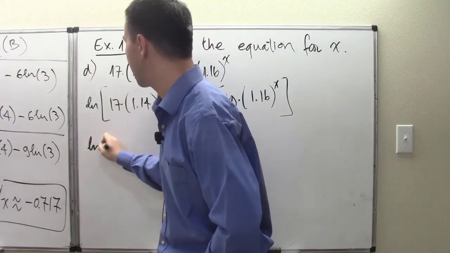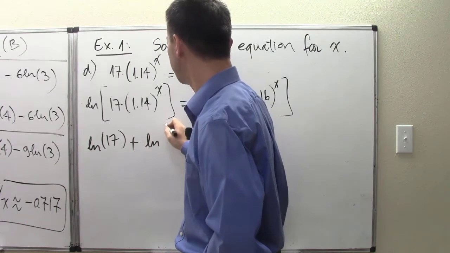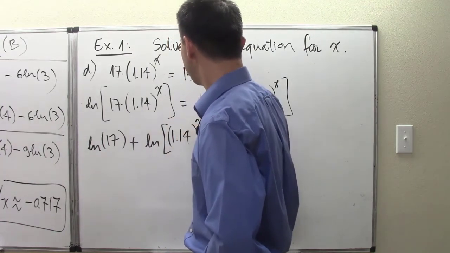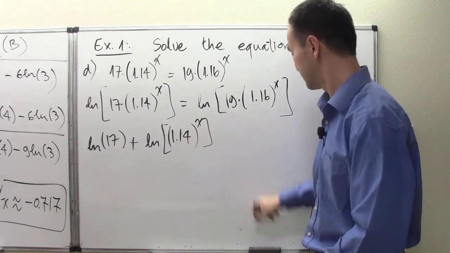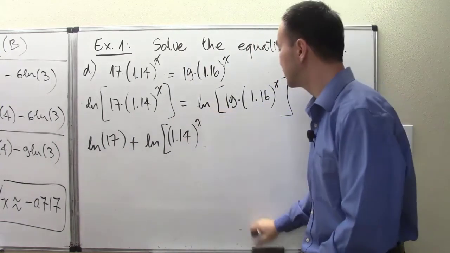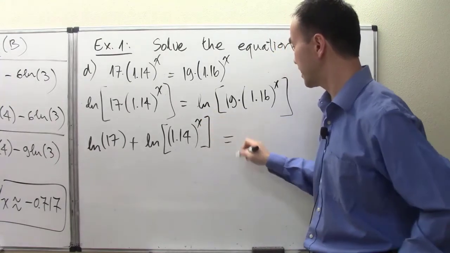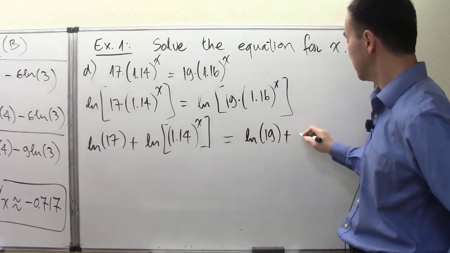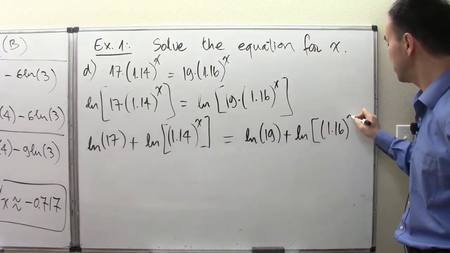Now I have natural log of 17 plus natural log of 1.14 to the x, and then on the right hand side I have natural log of 19 plus natural log of 1.16 to the x.